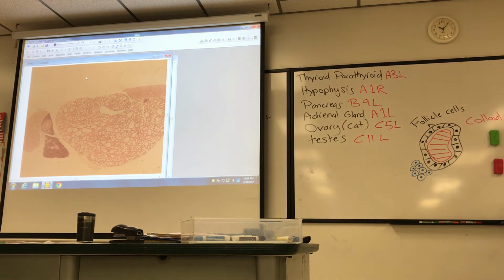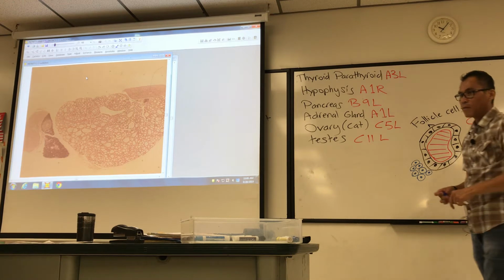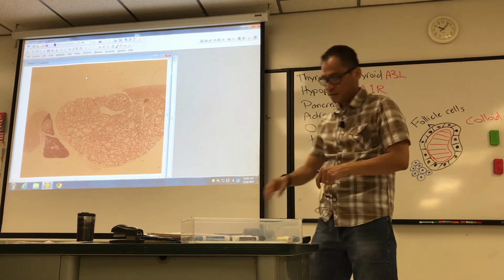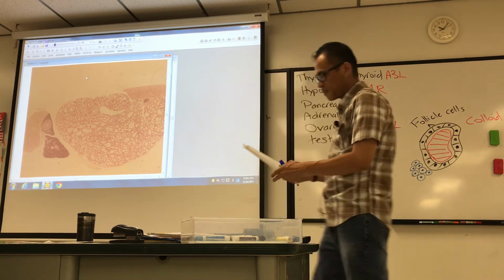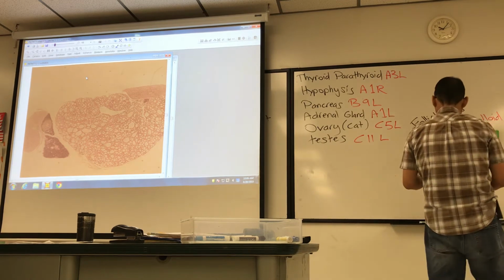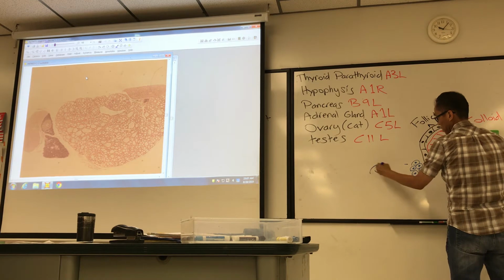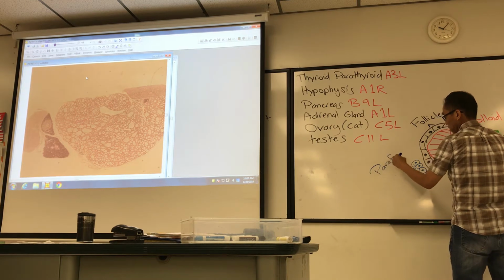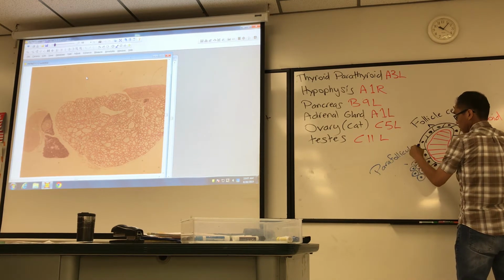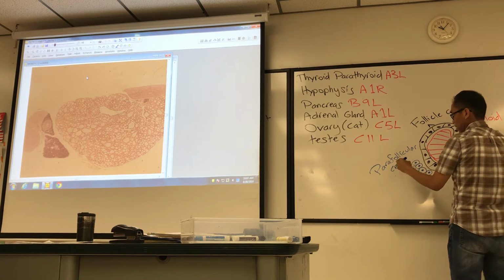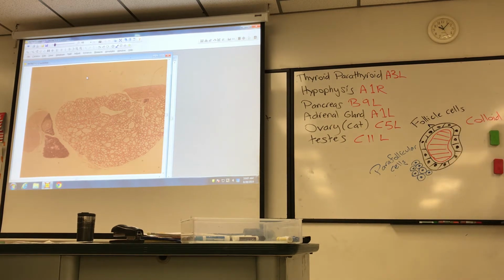They're called C cells, or we can also call them parafollicular cells. They secrete the hormone calcitonin.